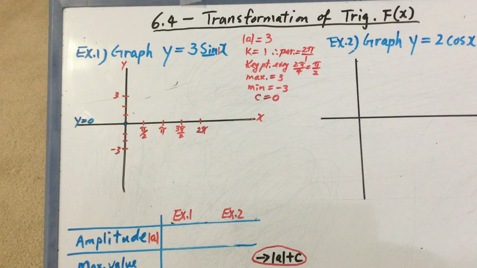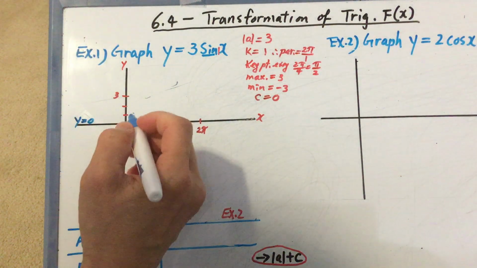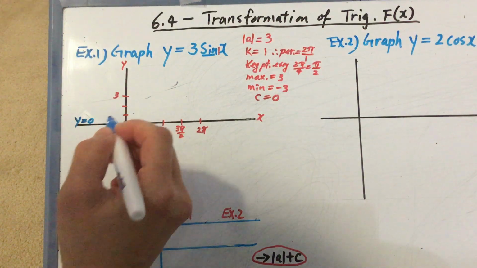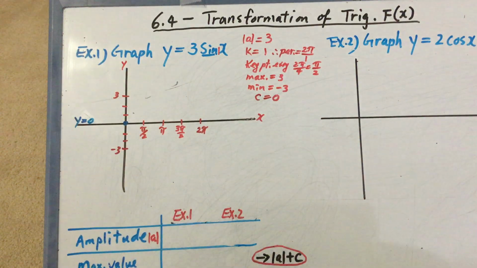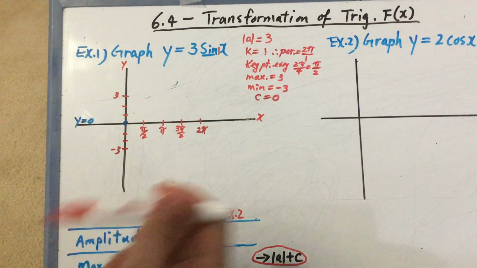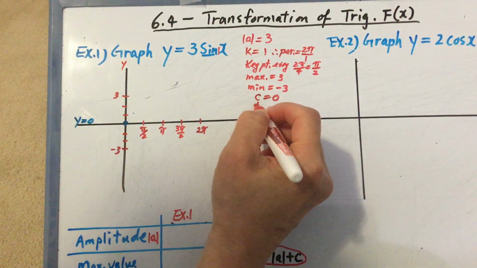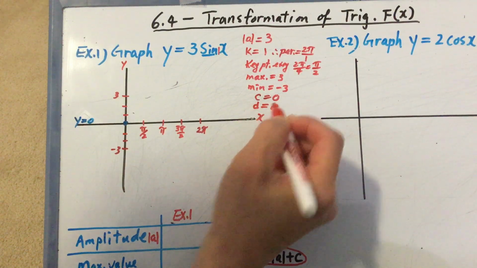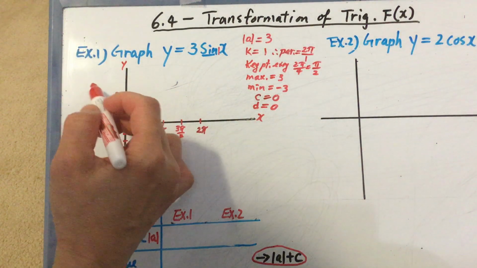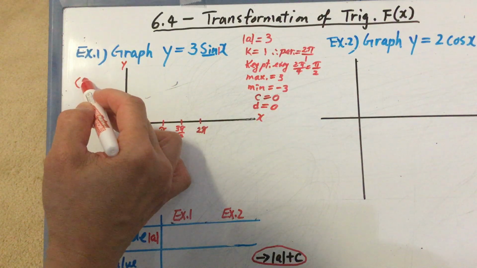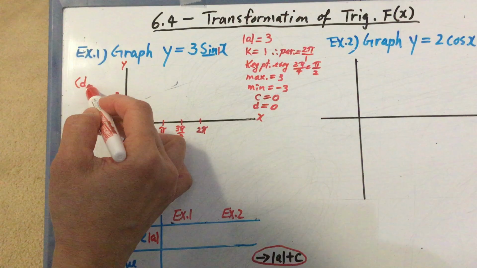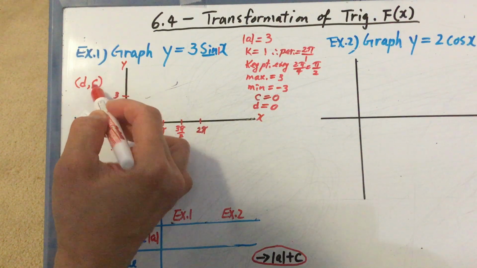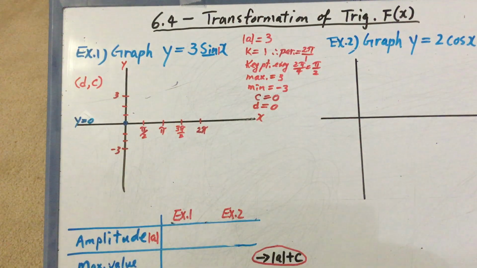Okay, so this is my starting point. Since there's no phase shift, we also notice that the d is equal to 0. Remember, we talked about the starting point being determined by the phase shift and the c for the sine. So that's why we have the starting point at the origin.